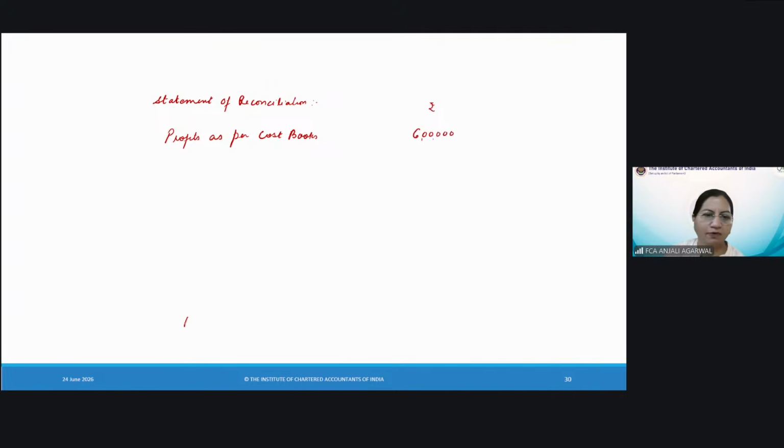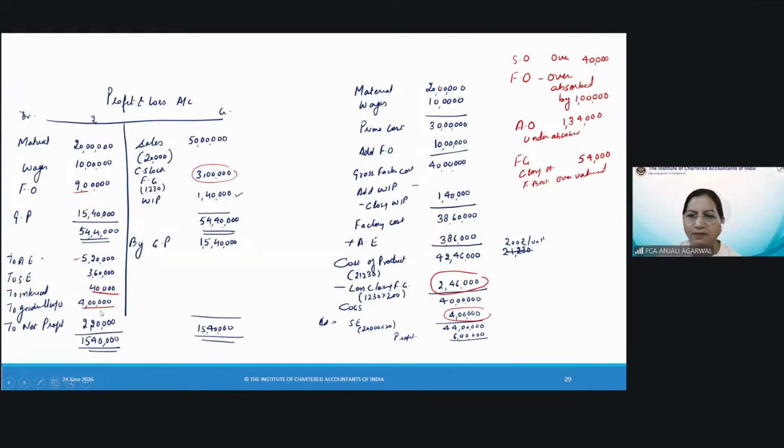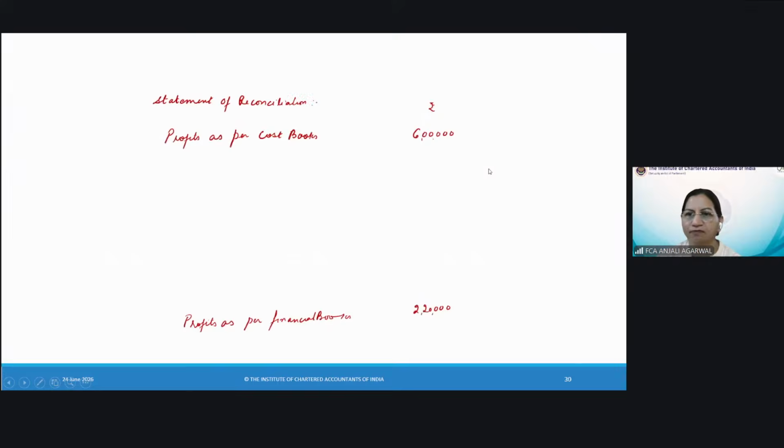And profits as per financial books, that's, I think, 2,20,000. Right. Now we'll make some adjustments. First, let's adjust for overabsorption and underabsorption. So, like I said, add overabsorption of overhead.